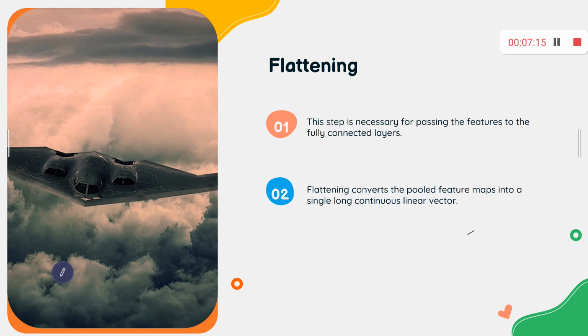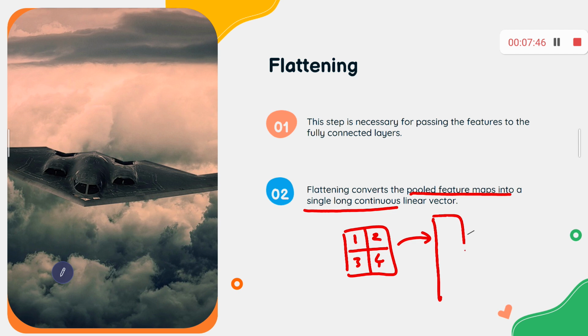Once the convolution layer is finished, a flattening layer is introduced. The flattening layer converts the pooled feature maps into a single linear vector. For example, if your feature matrix after pooling is 4 dimensional, then flattening will convert it into a linear array like this, which you can apply to a dense neural network.